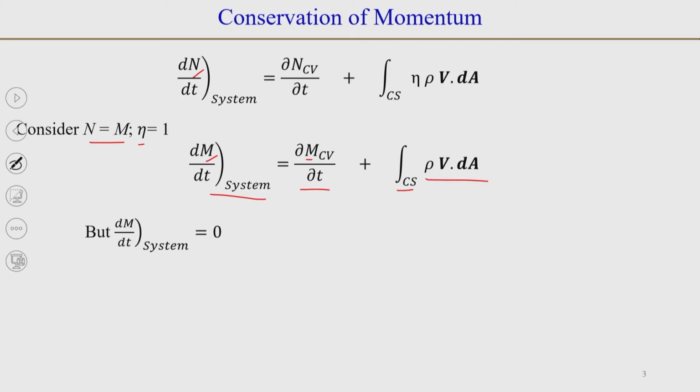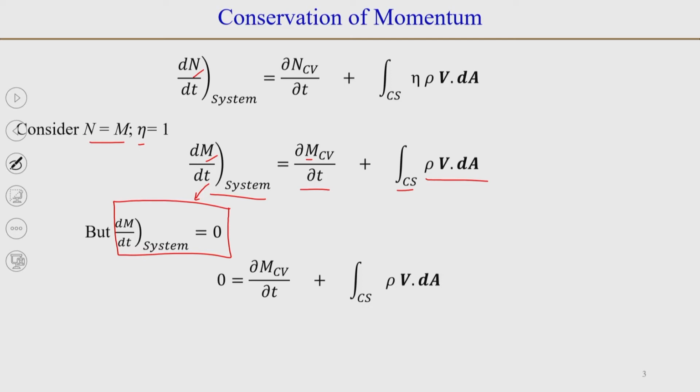And we know that the mass conservation equation basically refers to the mass in the system remaining constant. So, that means the rate of change of mass in the system is 0. So, if we substitute the expression that we obtained for dm by dt in this equation, then we will get the mass conservation equation, that dm by dt of our system is equal to 0.